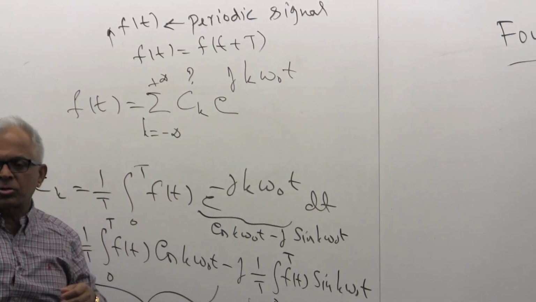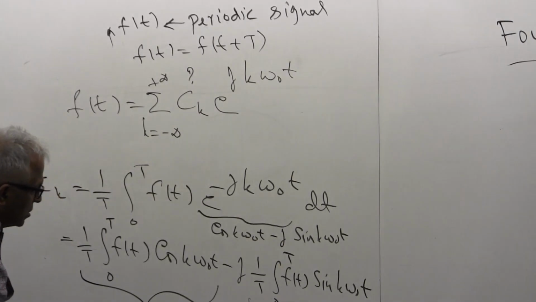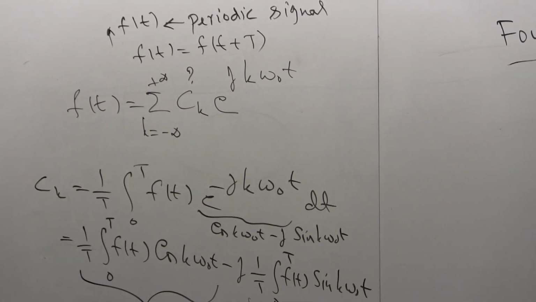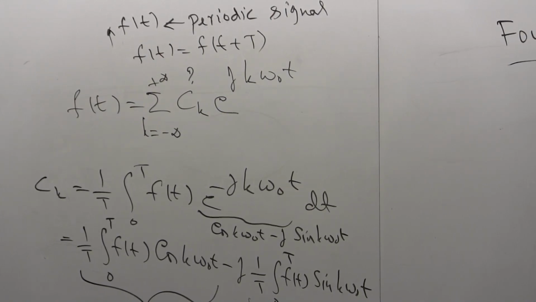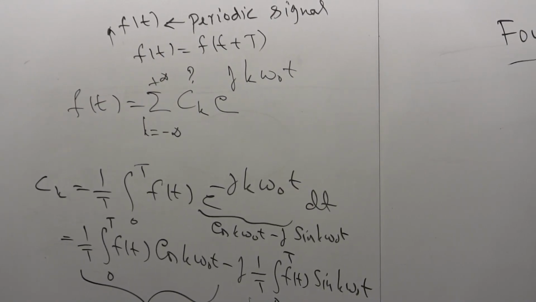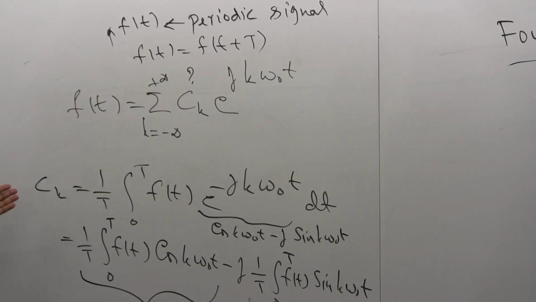So the multiples are called harmonics, harmonics, right? So the question is, what is the physical interpretation of all these cks, and how do you find them? How do you find the cks?